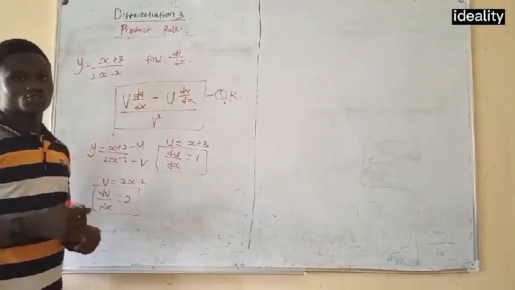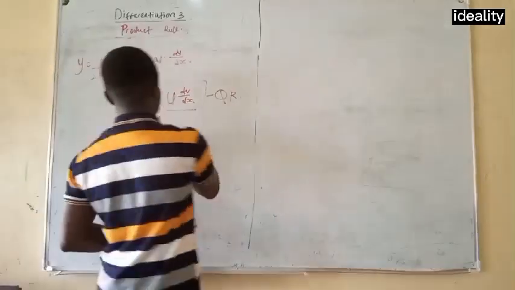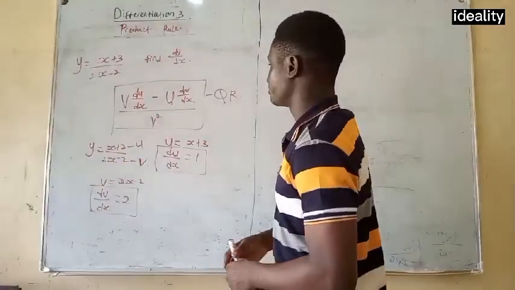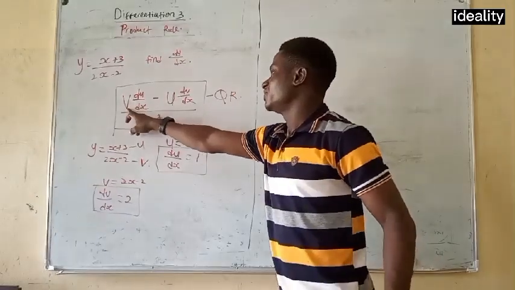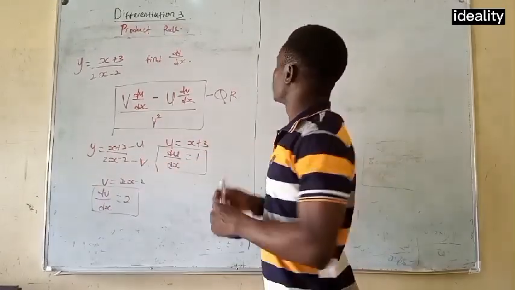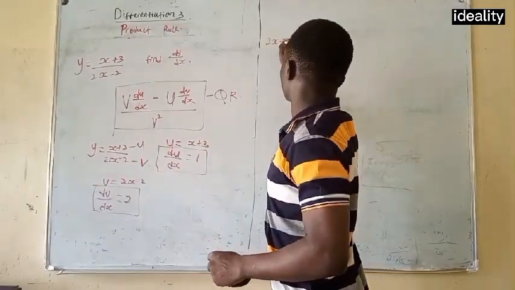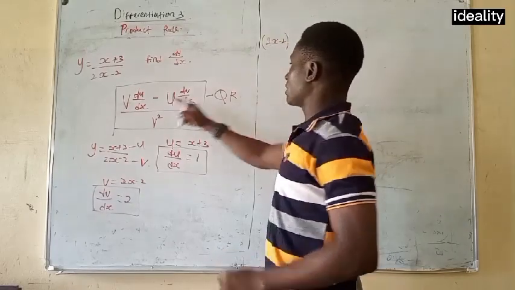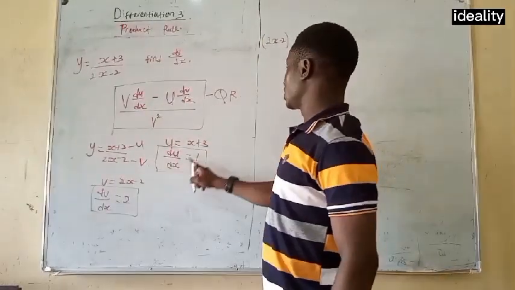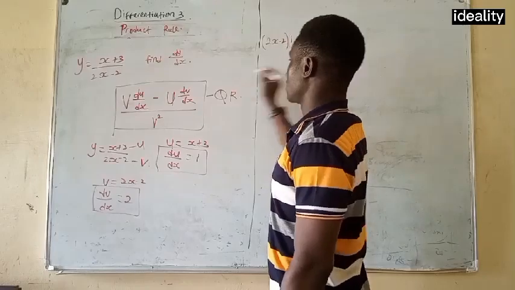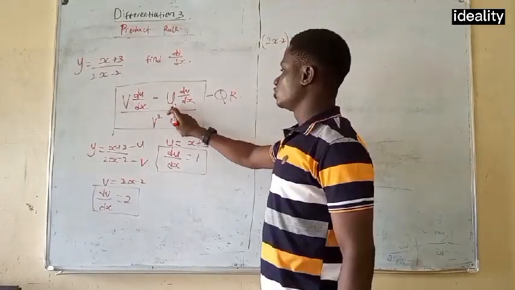Then let's use our quotient rule: v du/dx minus u dv/dx over v squared. What's my v? My v is 2x minus 2, multiplied by du/dx, which is 1, minus, what is my u?